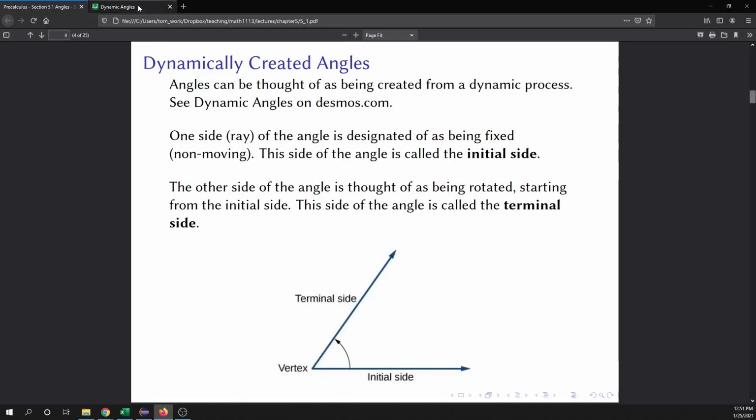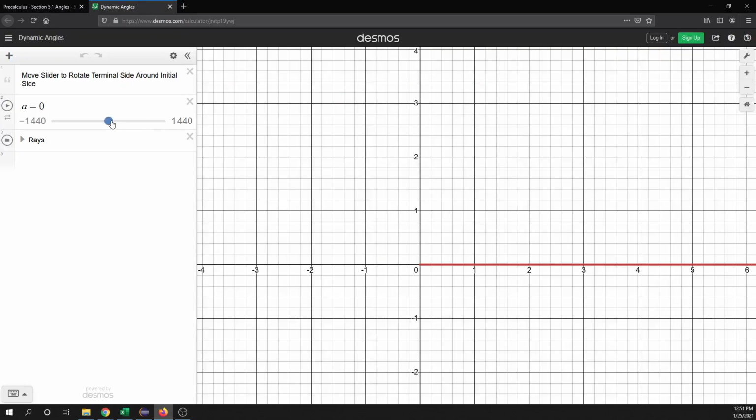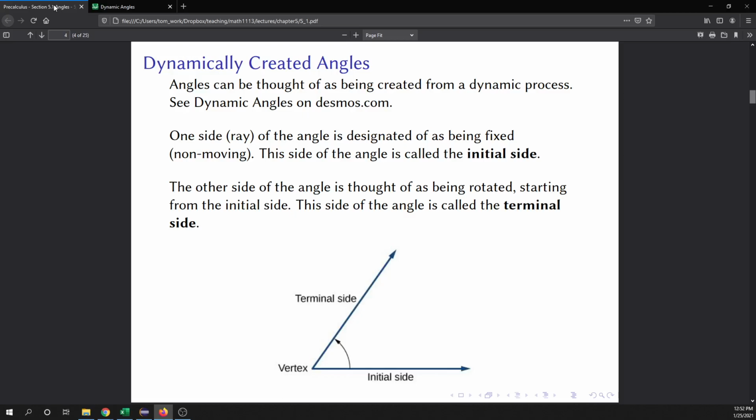As an example, if you look at this Desmos page, and there's a link to it in our class, you can see that if you rotate this little slider, one of the rays that form this angle rotates and the other side stays put. It doesn't move at all. The side that doesn't move is called the initial side of the angle, and the side that rotates is called the terminal side.